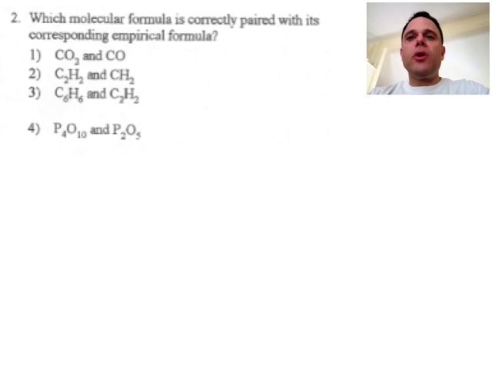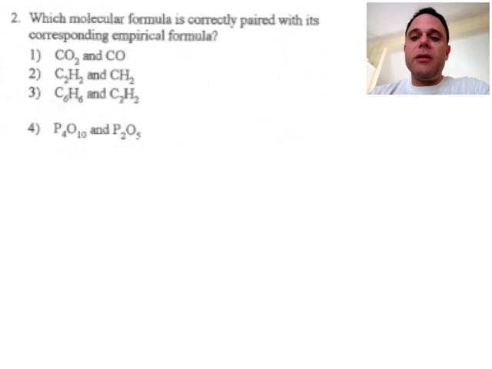Question 2. Which molecular formula is correctly paired with its corresponding empirical formula? This is no different than question number 1 in that we're looking for an empirical formula, which is the simplest whole number ratio, and a molecular formula that could be a multiple of that.